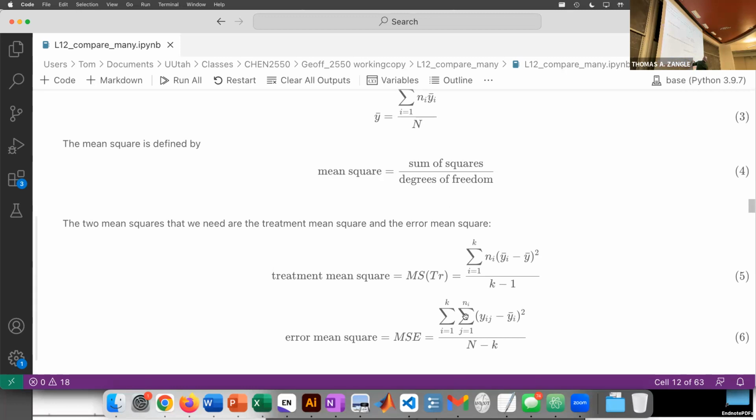So this is the sum over all of our treatments and all of the values within each one of those treatments of the difference between the individual observations and the treatment, or group, mean.